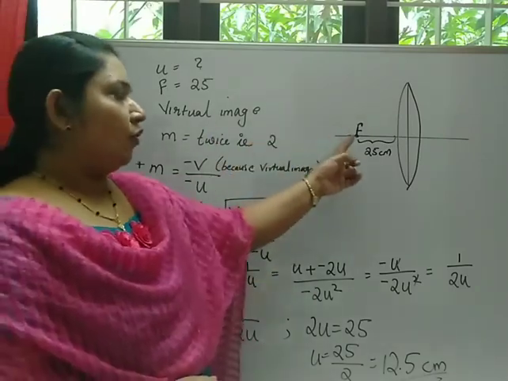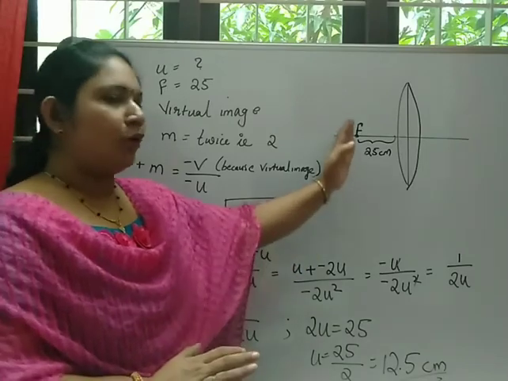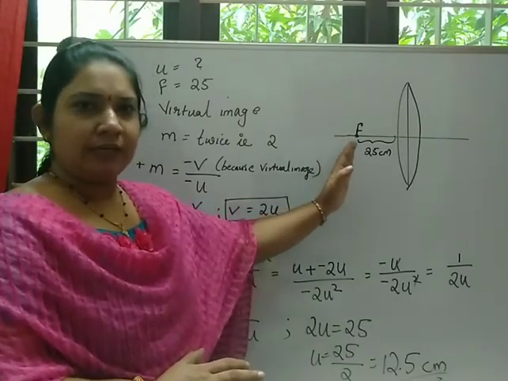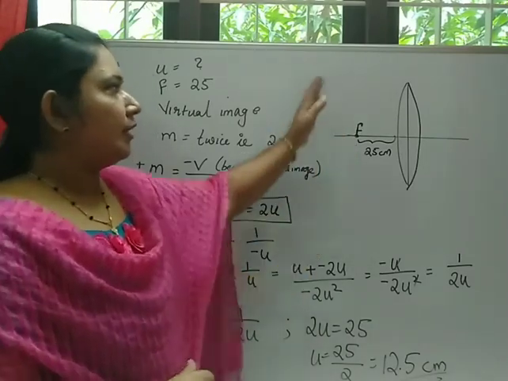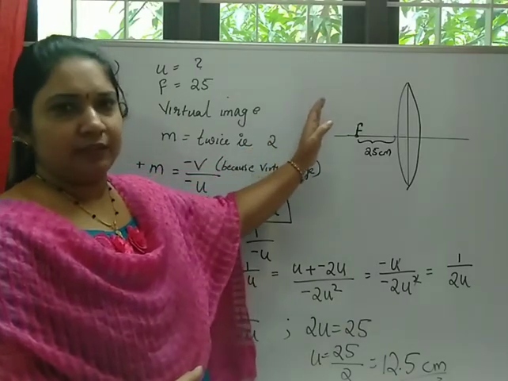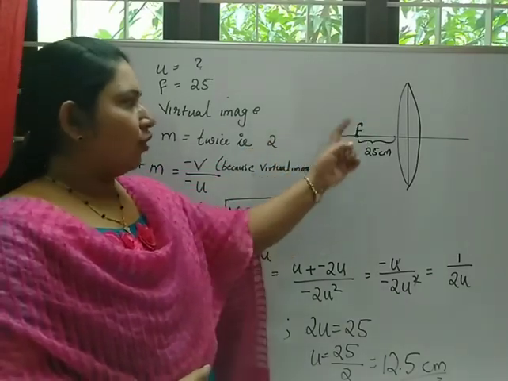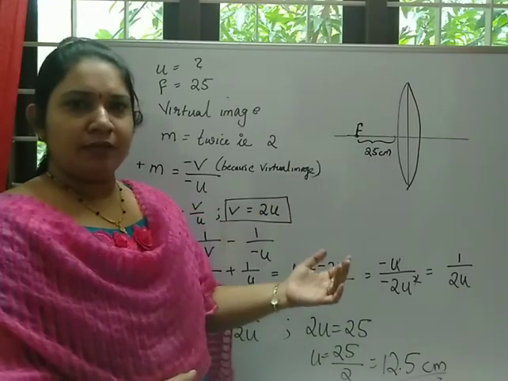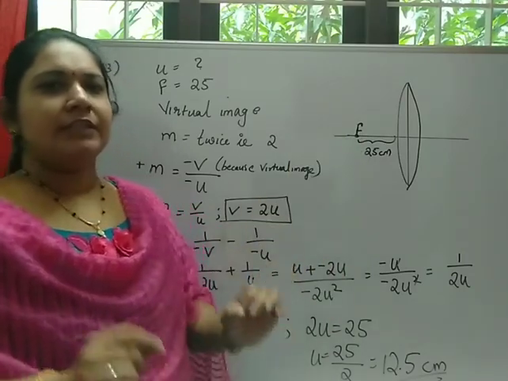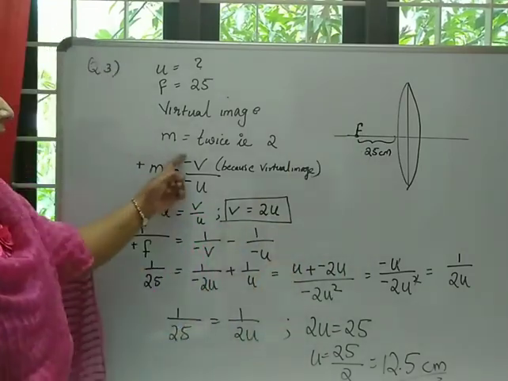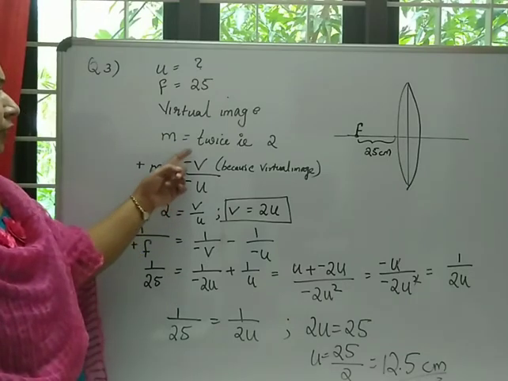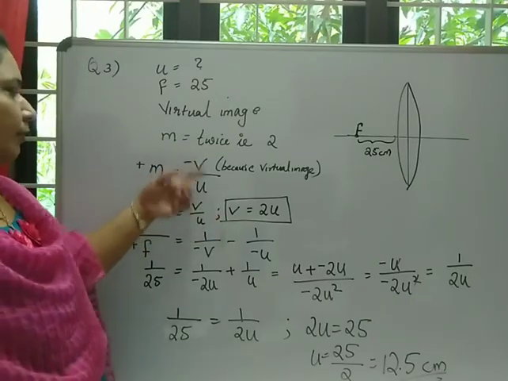The object will always be on the first side, left hand side. Since it is a virtual image, the image also will be on this first side, in front of the lens. So object and image in front of the lens means u and v are negative. So we write negative v by negative u. Negative and negative will get cancelled, so we get v by u.